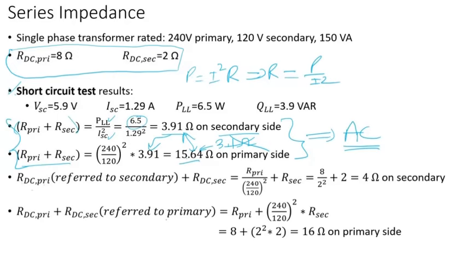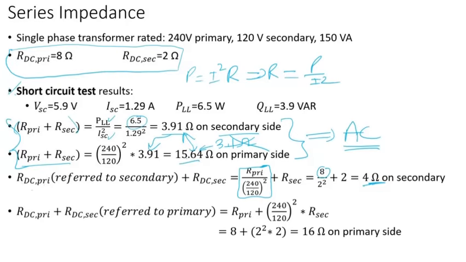Basically, I want to calculate it referred to the secondary side. So I take the primary divided by the voltage ratio. That's what I'm doing here, because I want to refer it to the secondary side plus R secondary. So the primary is 8 divided by the ratio, which is 2 squared, which is 4. 8 divided by 4 is 2, plus 2 is 4. So that's on the secondary side.